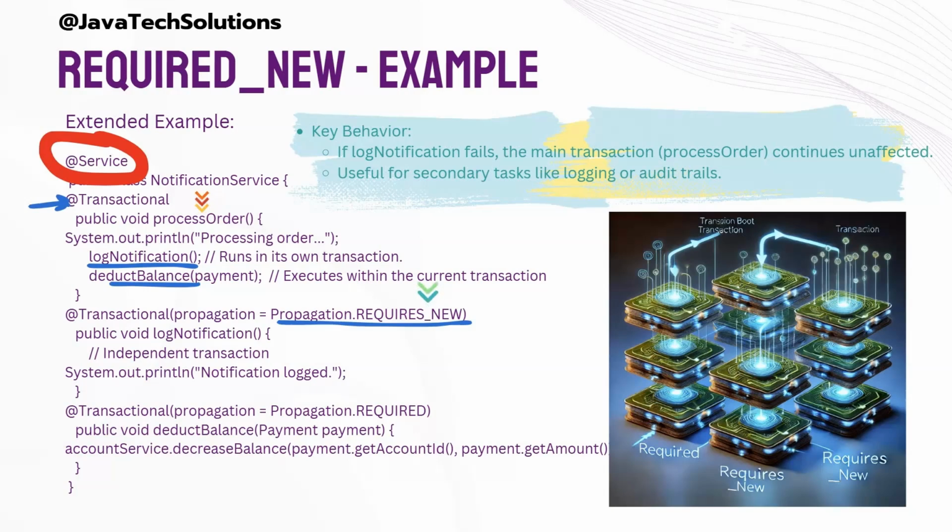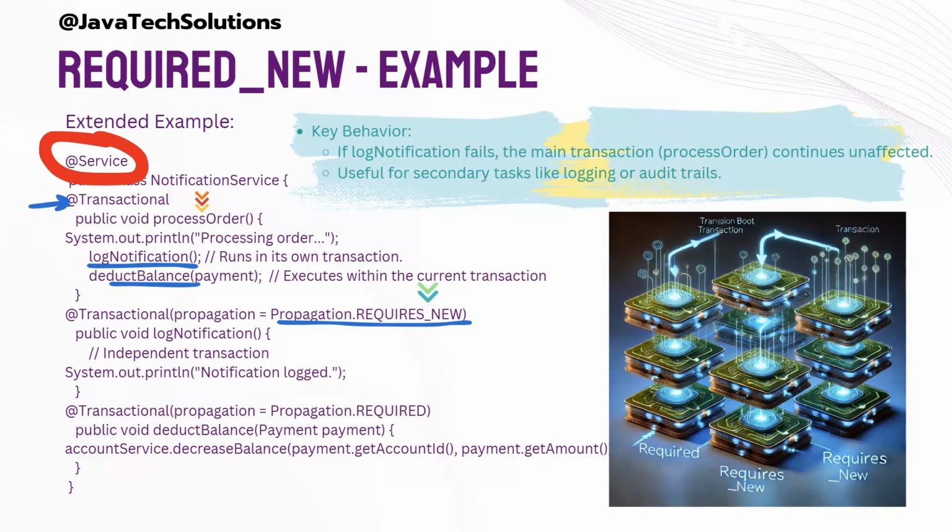Now the benefit of this one is transactional independence: changes in the REQUIRES_NEW transaction are committed regardless of the parent transaction outcome, right? It also ensures critical tasks such as logging or notifications are completed even during failure.